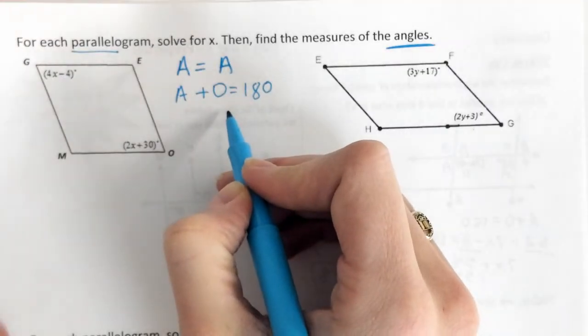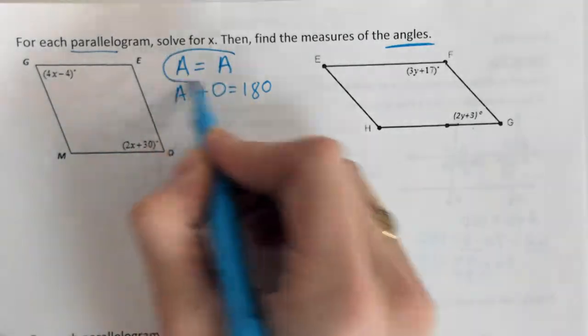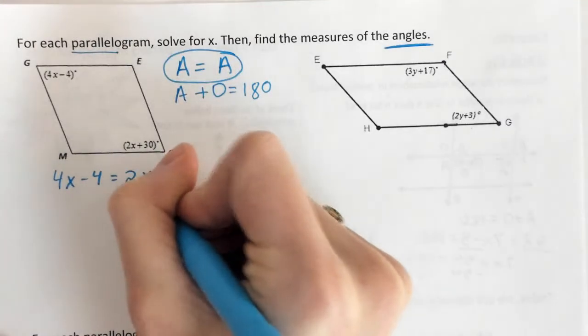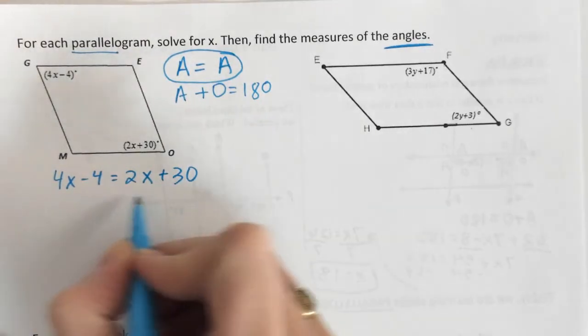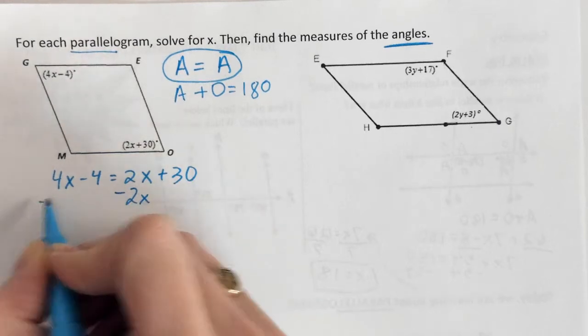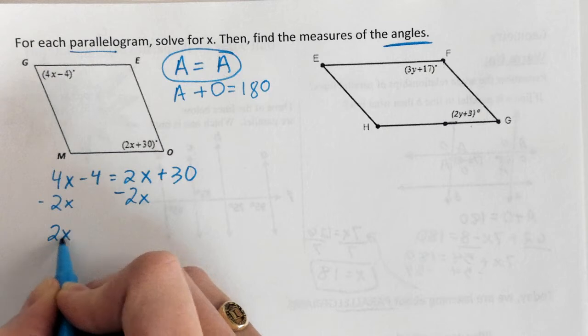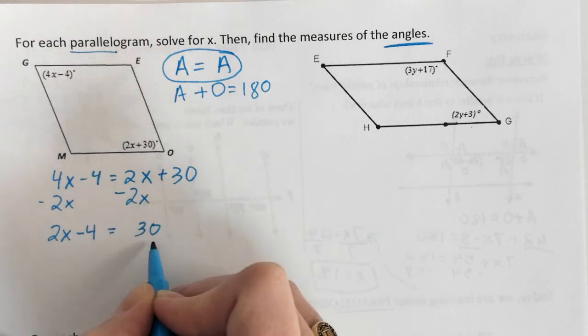Which one is it like? Hopefully you said it is like the first one because these are opposite, so they are equal. So we have 4x minus 4 equals 2x plus 30. So if we solve, subtract 2x, we move our x's over, and we get 2x minus 4 equals 30. So I just copy that down.